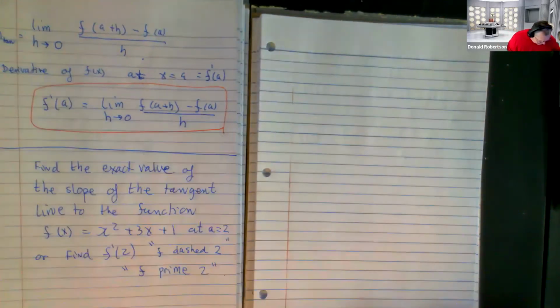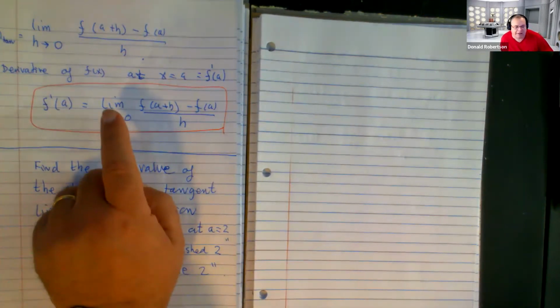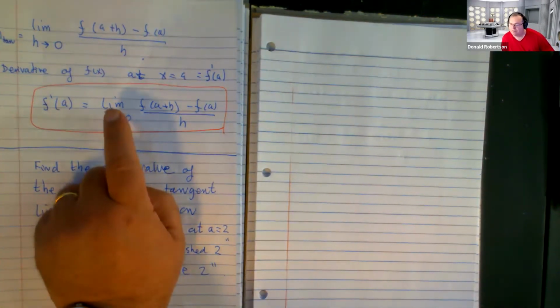So what they did is they said, can we come up with a different formula for finding this guy that might work better for situations like this fella? If you don't like the math, change it.